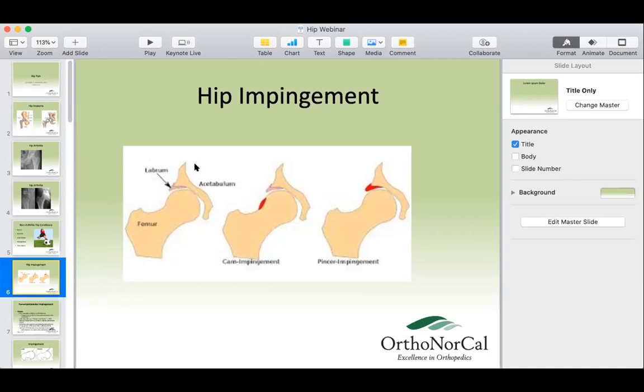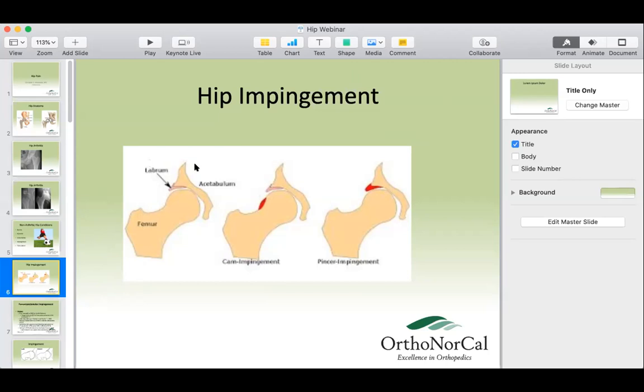Again, that labrum is a ring of fibrous tissue that goes around the rim of the socket. I generally tell patients, I compare it to almost being a gasket or an O-ring that goes around the rim of the socket. It does aid in maintaining the joint fluid and lubrication inside the joint itself, similar to how a gasket would function.